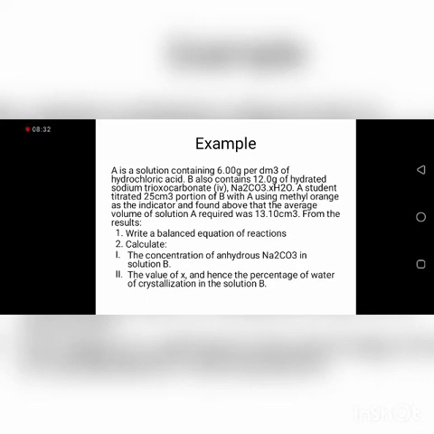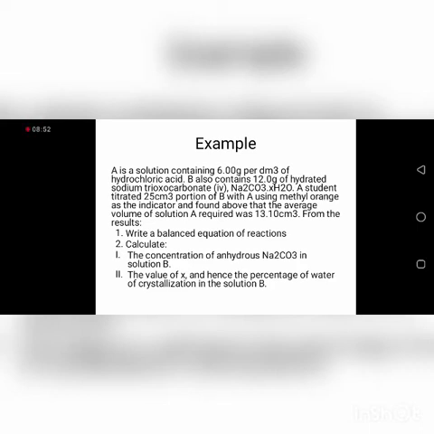Now, if you have to perform an experiment, you are the one that will determine the data value. But here, because this question is like a theoretical question, the experiment has already been performed for you. So the data value has been given to be 13.10 cm3.